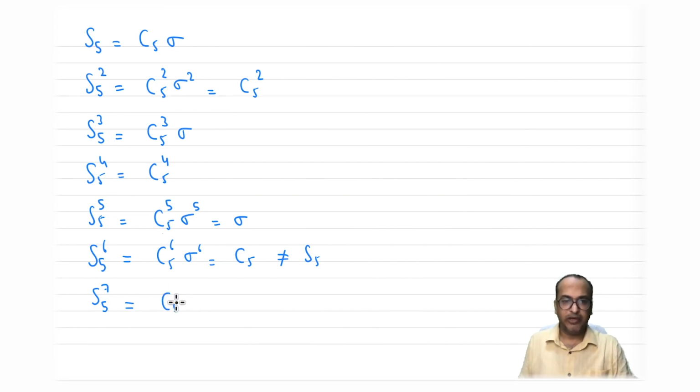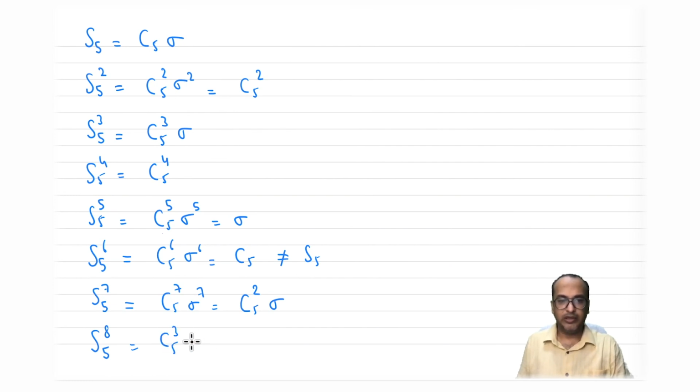Now C5 to the power 7 sigma to the power 7 means C5 done twice and sigma. Again, this is a non-redundant operation because this earlier was C5 square, and now we have C5 square and sigma. Now S5 done 8 times is C5 done 3 times, and that's all.